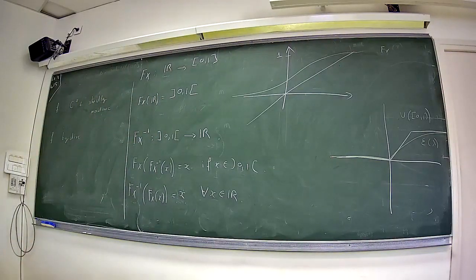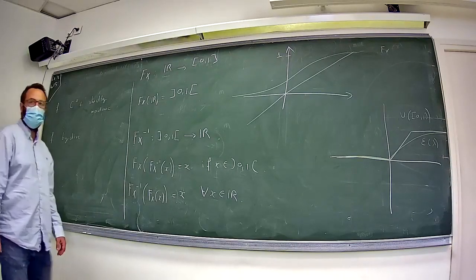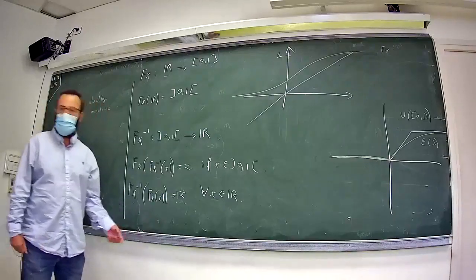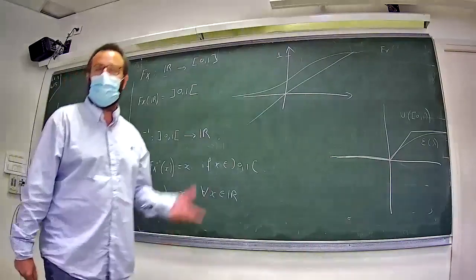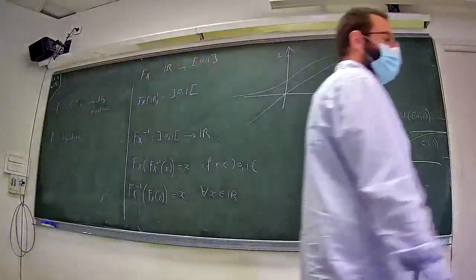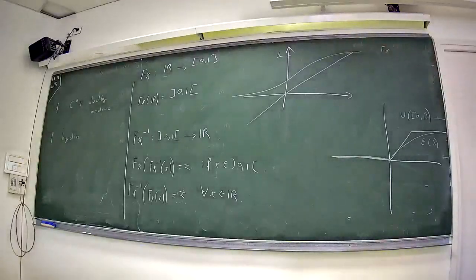It's the definition of the inverse. When I do the composition, I just have to be careful on the set of definition. When I take into account the set of definition, when I do the composition of a mapping and its inverse, I obtain the identity.